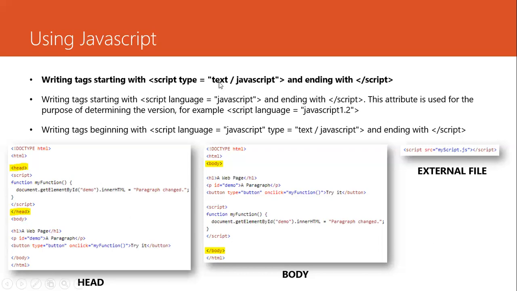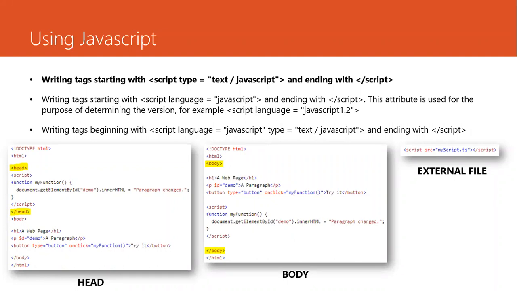And then we can also put the script or JavaScript inside the body of the HTML like this. Usually, if we have a lot of JavaScript, we put it below, close to the closing tag of the body.